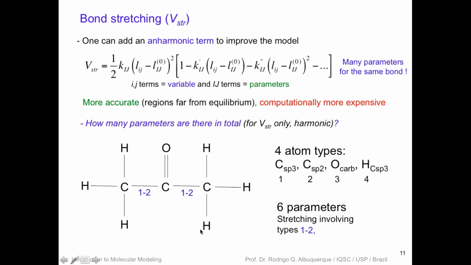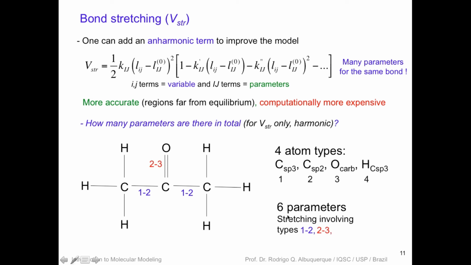We have stretching involving types 1 and 2. Type 1 is sp3 carbon, type 2 is sp2 carbon. So we have the sp3, sp2 carbon bond stretching here. We have the same bond stretching here. For this bond stretching, the force constant K and the reference bond distance are the same. The variables may be different, so this bond distance may be, at a certain point of the simulation, slightly different than this here.